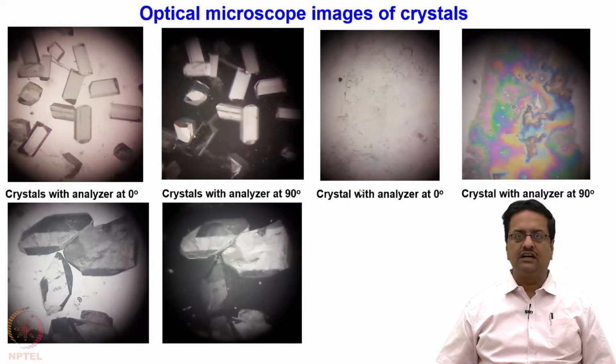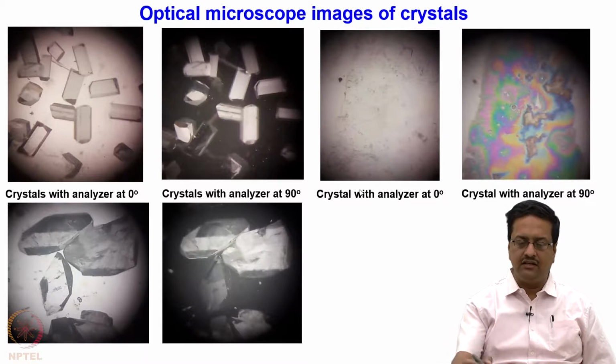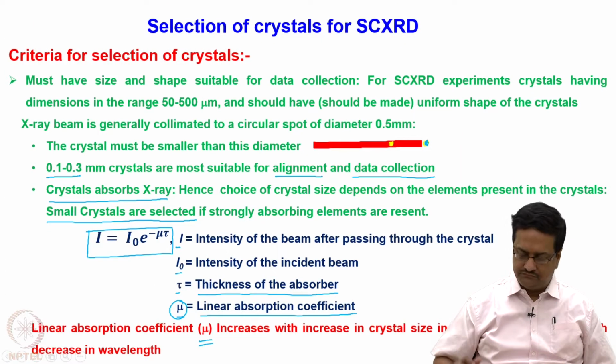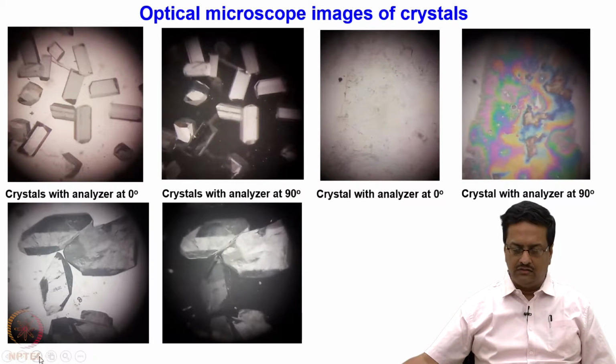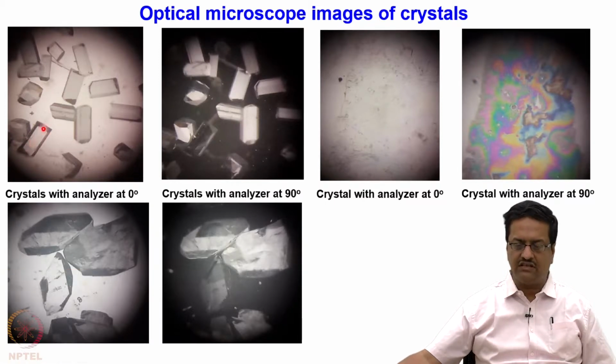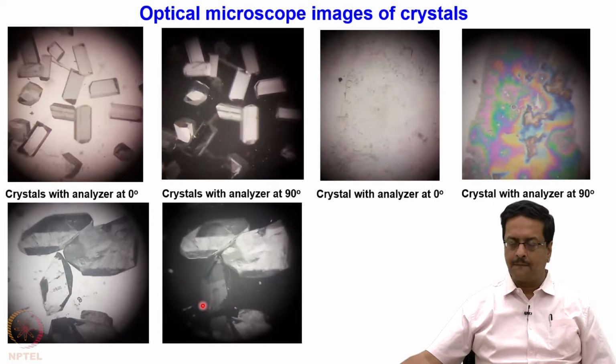crystals which are showing extinction, as is seen in the case there. It is seen in the case of this crystal, which shows extinction when the analyzer is rotated by 90 degrees. In the same way, another crystal which is of irregular shape also shows extinction when the analyzer is rotated by 90 degrees.